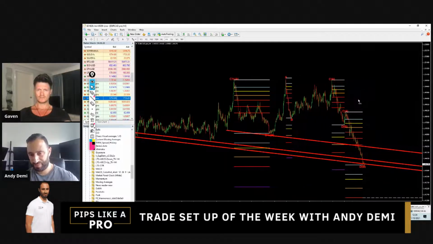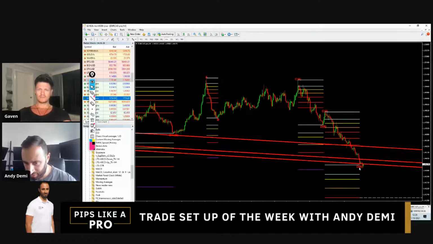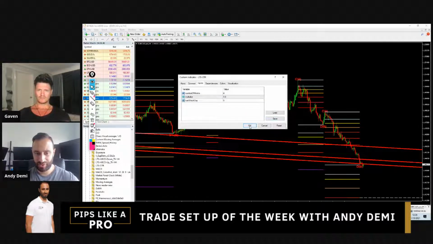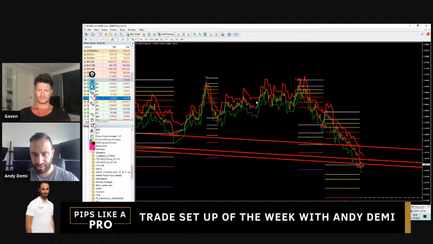So it's got a little bit of work to get back through these levels. Again, this could be a place where the market holds and maybe makes an attempt to go lower. I think the play that we could play could be something to do with the daily trading range.